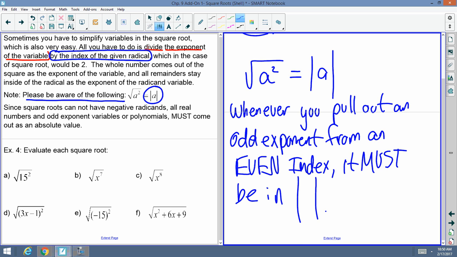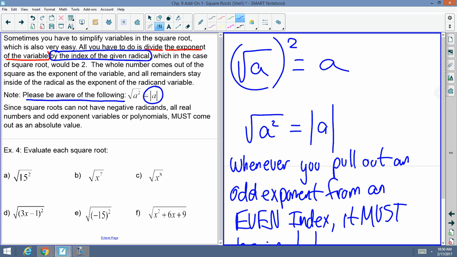So there are two huge different conceptual things here. Here I'm taking the square root of a number. I don't care what the number is, positive or negative. If I square it, it cancels. But when I have the square root of something squared, yes, they're still going to cancel, but that's because a squared is an a times an a.